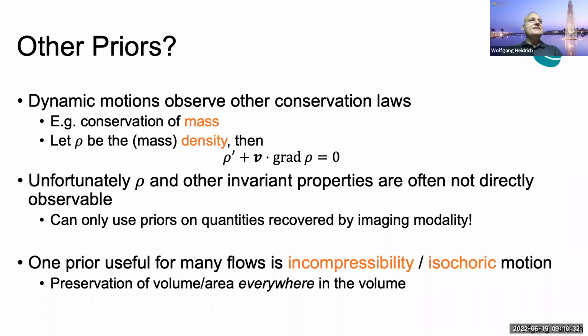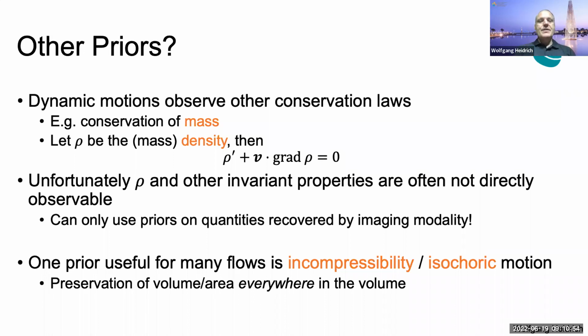Now the problem is that this is not very easy to express directly, because with most of the imaging methods we're talking about here, we don't observe these quantities directly, right? We can only regularize something that we somehow observe or at least can infer indirectly.